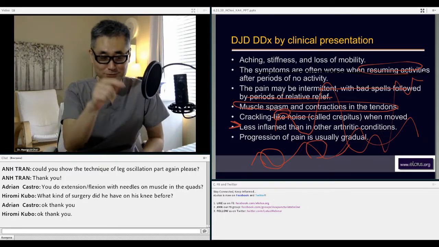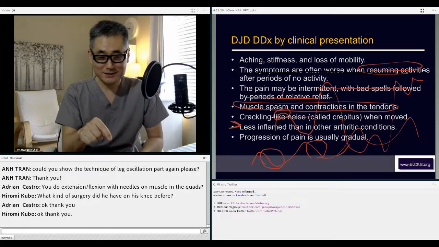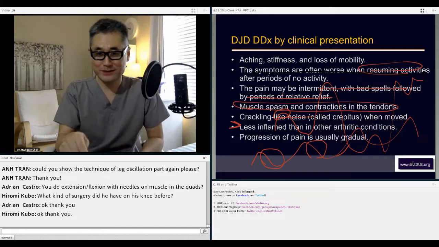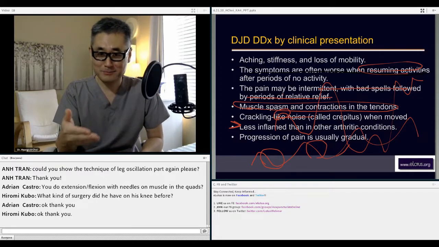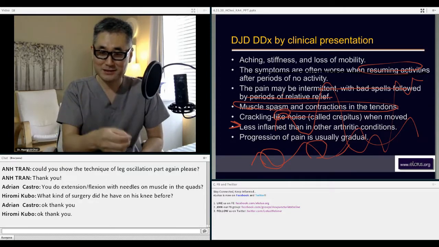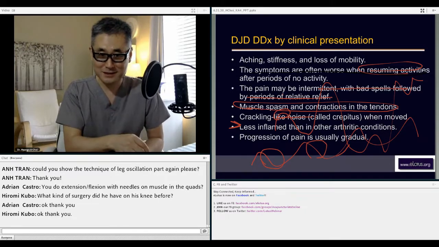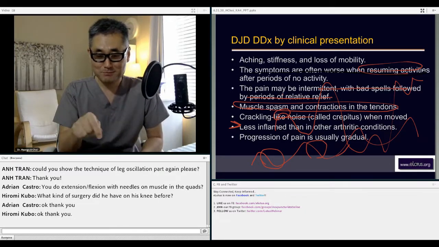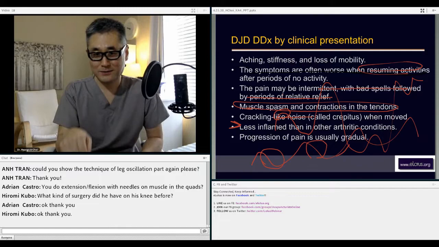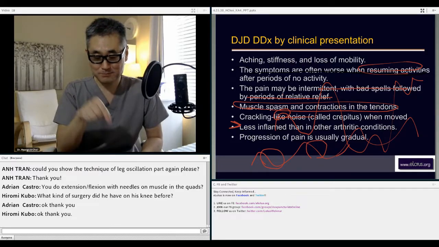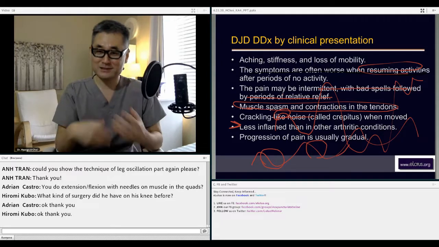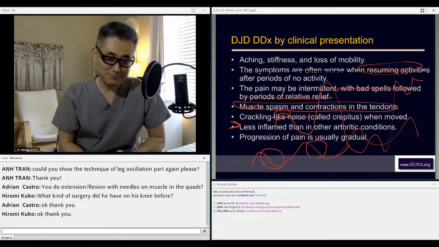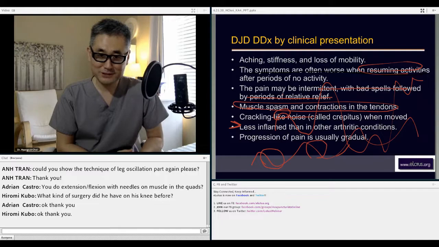Then you will get back to the point before it was aggravated, not the stage when you were 20. I cannot make your knees like they were in your 20s or 30s, but I will take care of this flare-up. That is my strategy, and people understand that too.